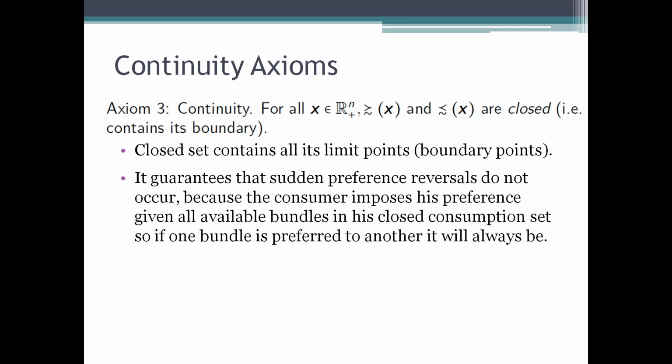He satisfies both assumptions together, so he can evaluate all possible alternative consumption bundles in this closed set. He can observe all points inside the set and on the boundary, and then he will choose the one that is most preferred to him.